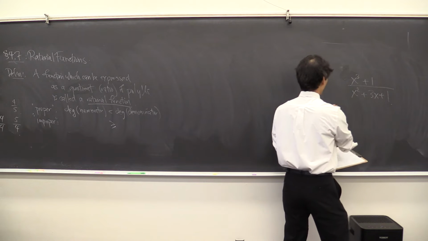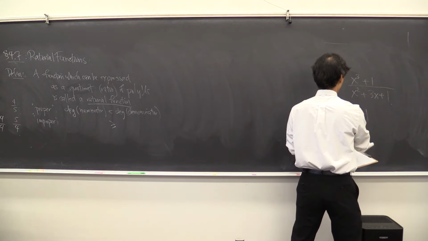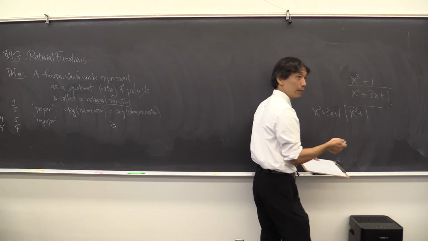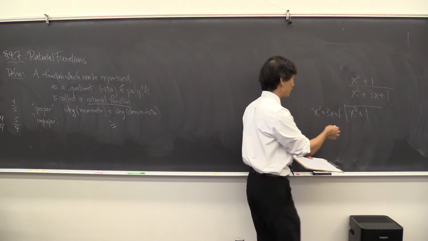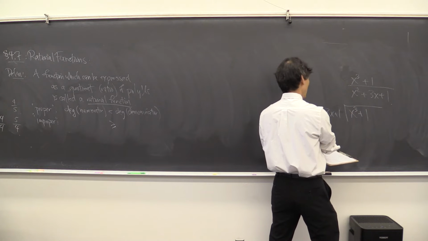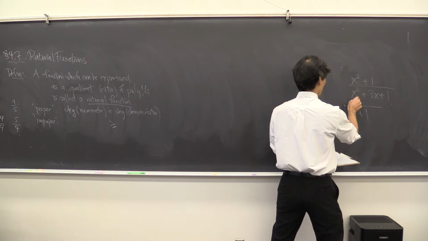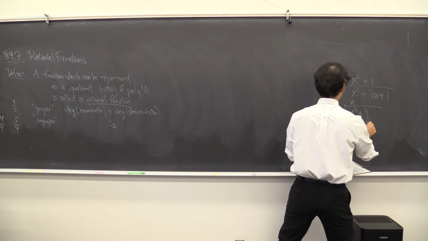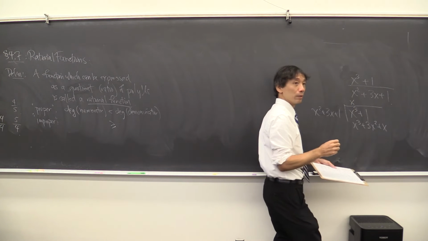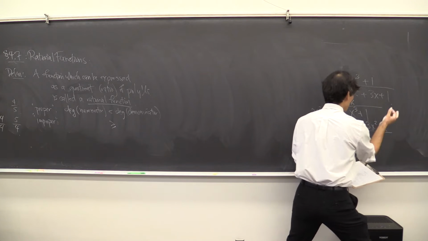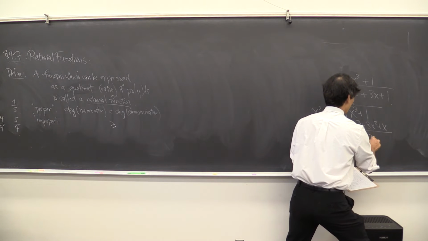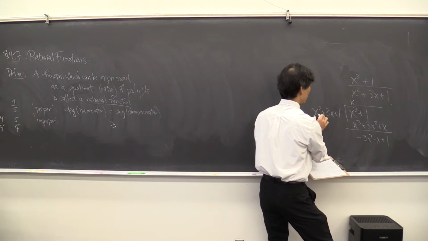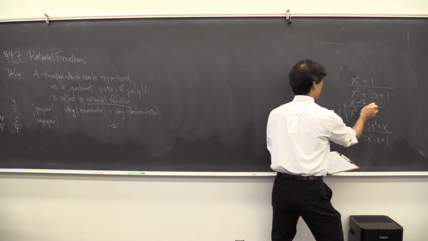So the way you simplify this is you just do long division. I'm going to put x squared plus 3x plus 1 here, and then run through your division like you would with numbers. I need to get an x cubed here, so I need an x here. Then you multiply, you get x cubed plus 3x squared plus x. You subtract, you get negative 3x squared minus x plus 1, and then I need negative 3x squared, so I'm going to subtract 3 here.